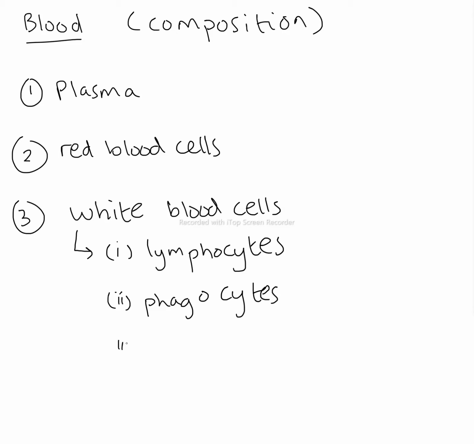And then finally something we call platelets. So these are the 3 things that we're going to look at. Right, the first bit that we were going to look at is blood plasma.